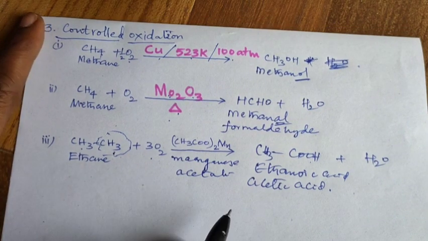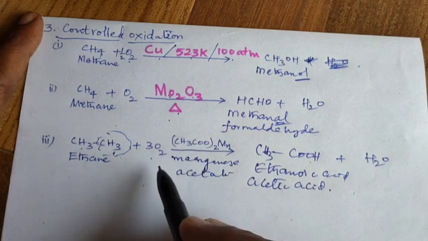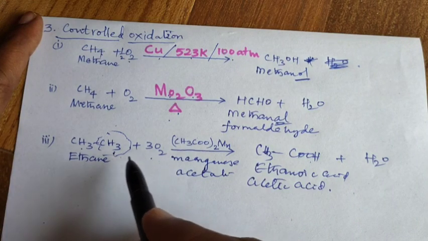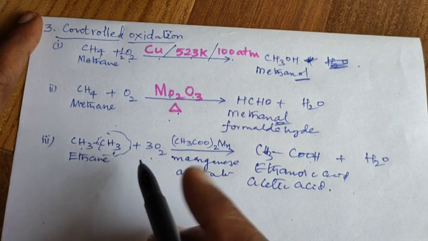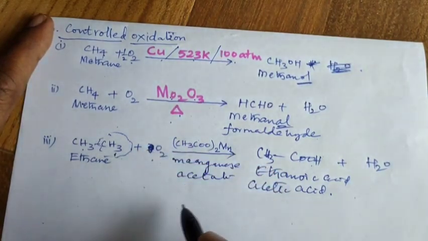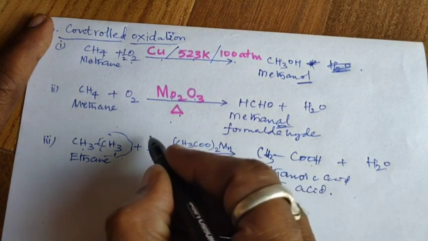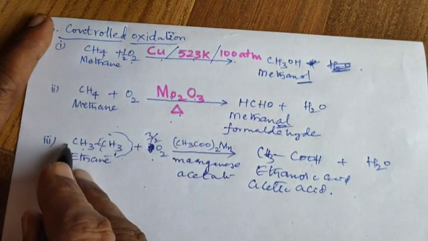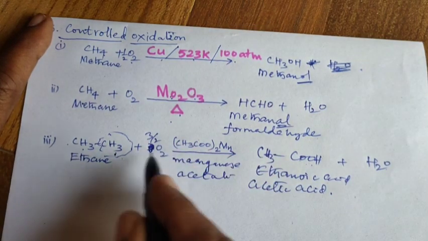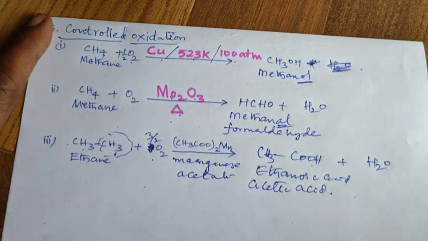Yes, how do you balance this one? Total 6 oxygens, CH3COOH. Don't need to take 6 oxygens. 2 plus 1, 3. It is 3 by 2. Otherwise, 2 moles, 3 moles, 2 moles, 2 moles. That is also correct.